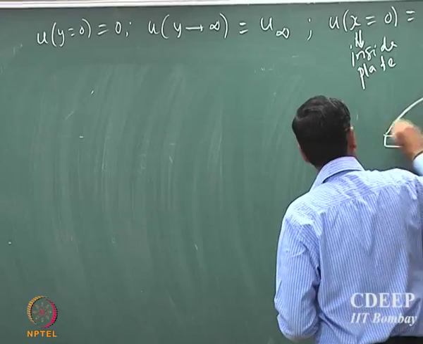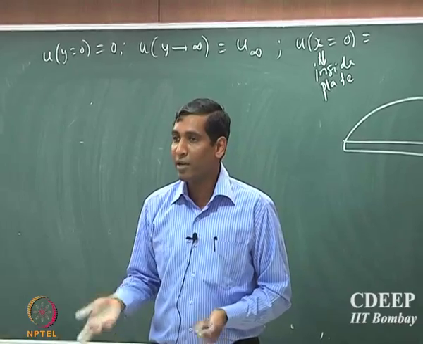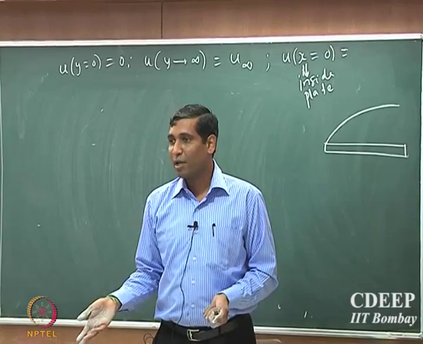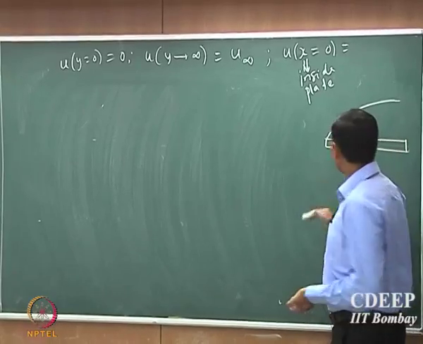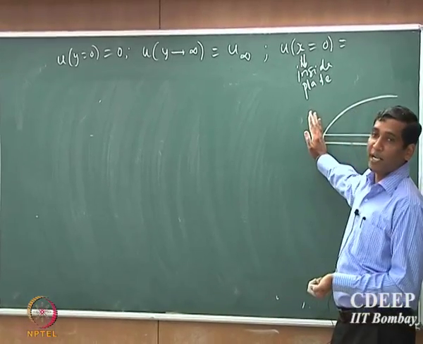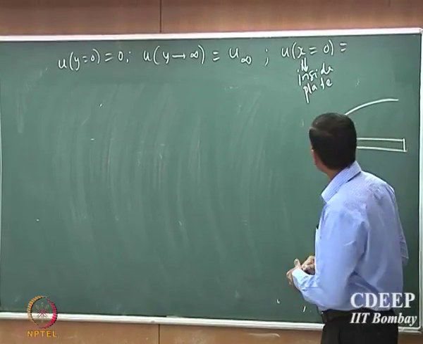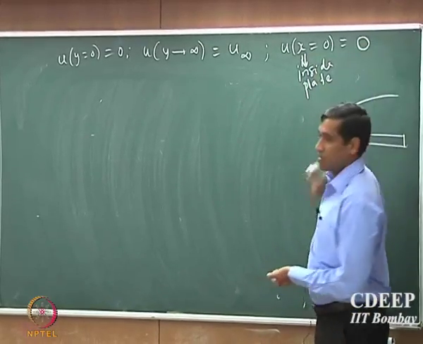So remember what happens at the edge of the plate, the fluid suddenly comes to rest. Both the x component and the y component velocity are 0 in all directions, because the fluid is suddenly experiencing the flat plate, and so just inside the flat plate the fluid has come to complete rest at the boundary. So therefore u at x equal to 0 inside the plate has to be 0.